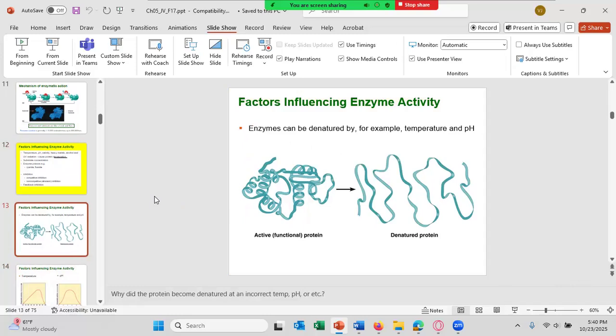All right. Factors that can influence enzyme activity. If the enzyme is totally denatured, for example, at an extreme temperature or extreme pH, the enzyme will lose its activity. And here's the enzyme in the correct folding pattern. And the enzyme will change its folding pattern like this, a totally denatured enzyme protein. And this totally denatured protein cannot function, so the enzyme will have no activity.